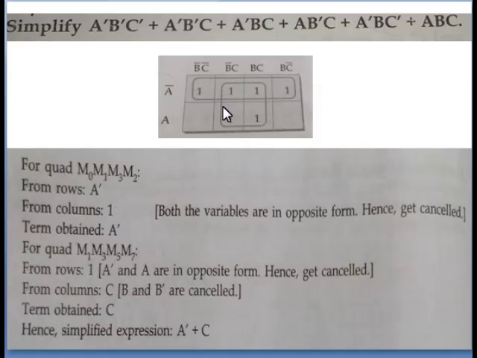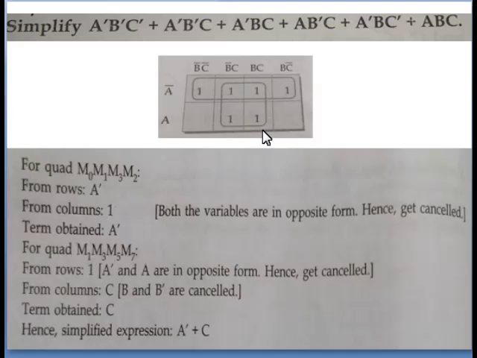Now 2 ones are remaining, so don't go for grouping them as a pair. Again you have to see if there is any way to form a quad, by rolling the map vertically or horizontally, sharing ones in nearby cells. So here we share these 2 ones with these 2 ones. So again we got 1 quad.